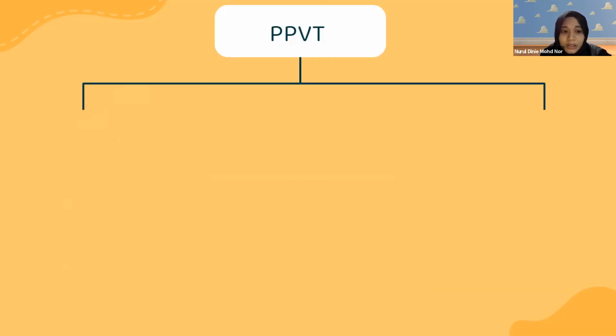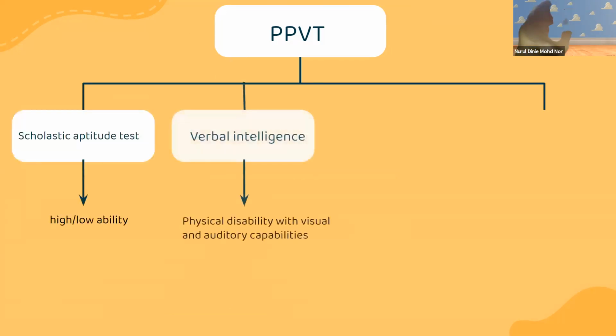Okay, so if utilized on a school-age child, the PPVT can estimate the child's scholastic aptitude. The test can reveal how high or low the verbal ability is and identify possible learning disability. The PPVT is also useful as a verbal intelligence test for people with physical disability yet able to retain some functional visual and auditory capabilities.